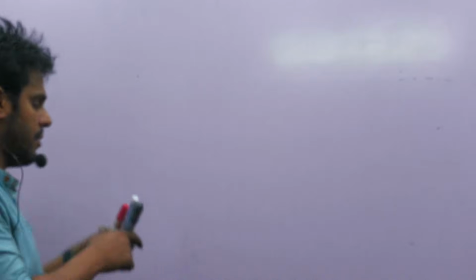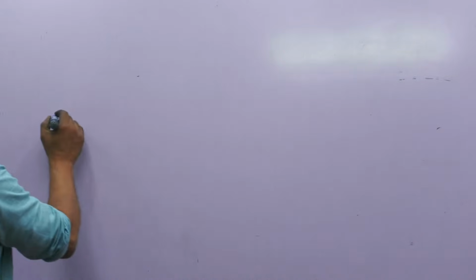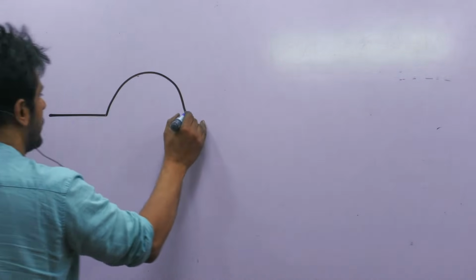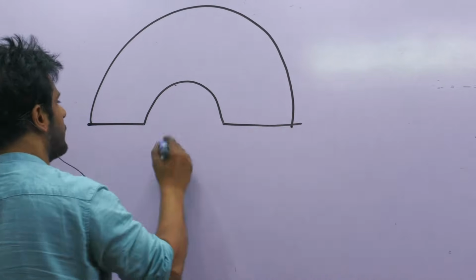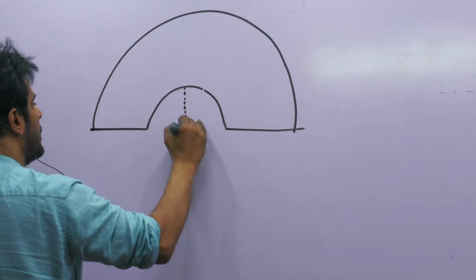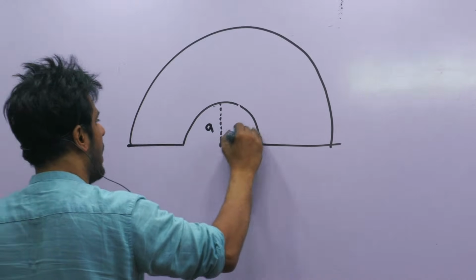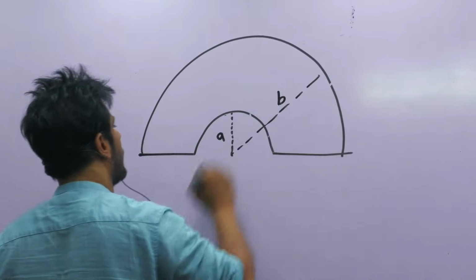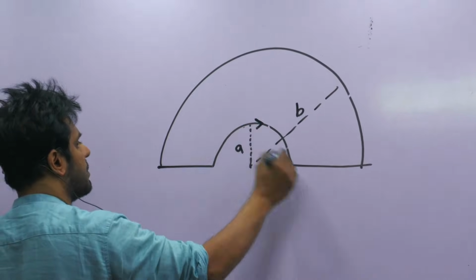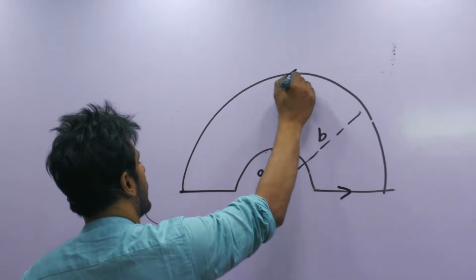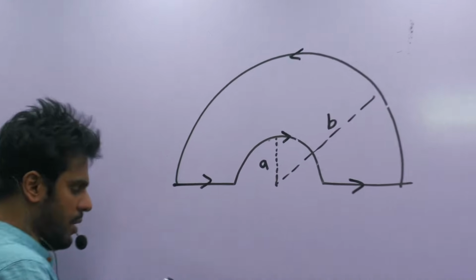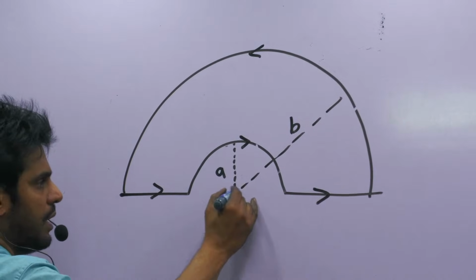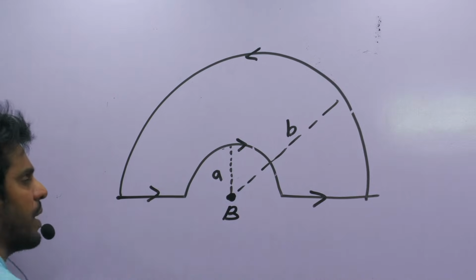Next application. Now everyone you can do it. Everyone draw this one. Now this radius is A and this radius is B. Current goes like this. Now everyone label the magnitude of magnetic field at center.